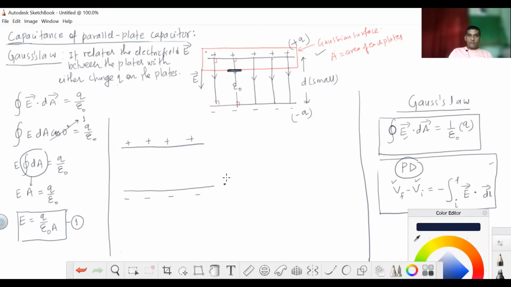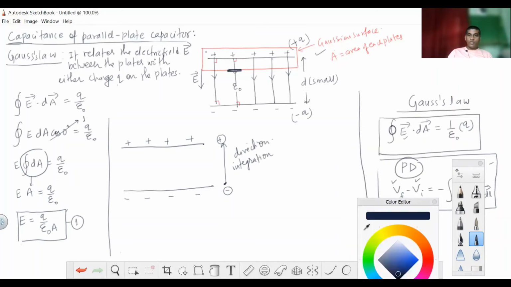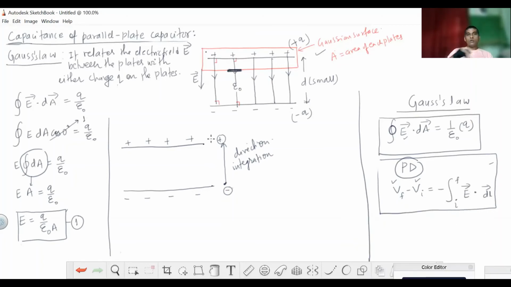If we integrate from the lower plate to the upper plate, that is, from the negatively charged plate to the positively charged plate, this is the direction of integration.